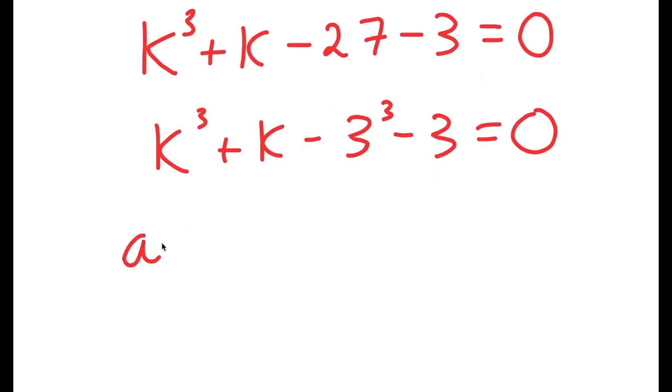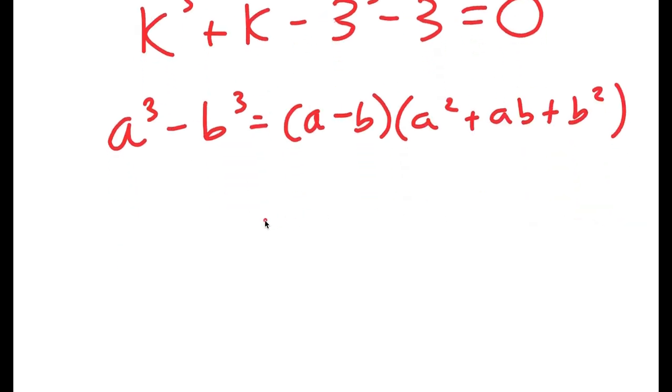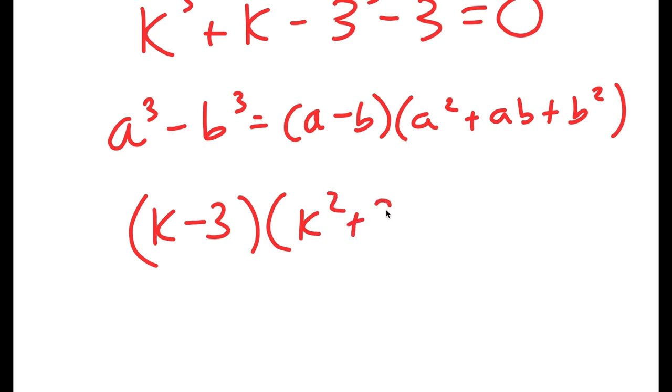Now, if I have something in the form a to the power of 3 minus b to the power of 3, this is equal to a minus b times a squared plus ab plus b squared. So this is equal to k minus 3 times k squared plus 3k plus 3 squared, which is 9.